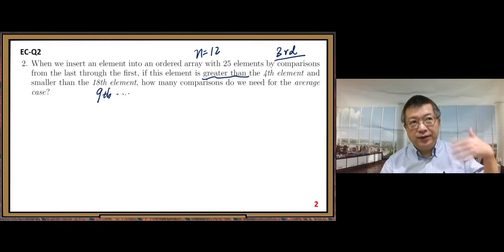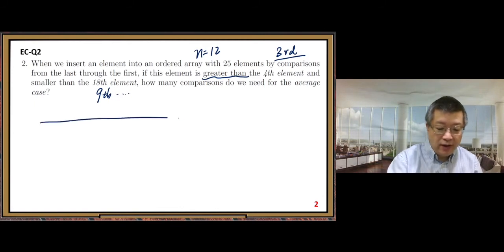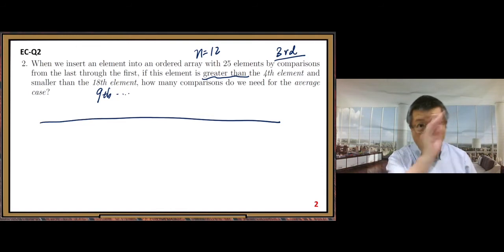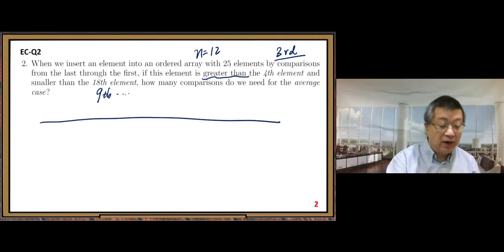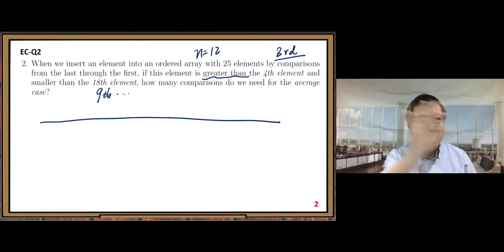So then you can easily work the same way to solve the given question. All right, so 12 elements. I can write it out. When you write 25 elements, you do not have to write all of them. You just write some of the important numbers.